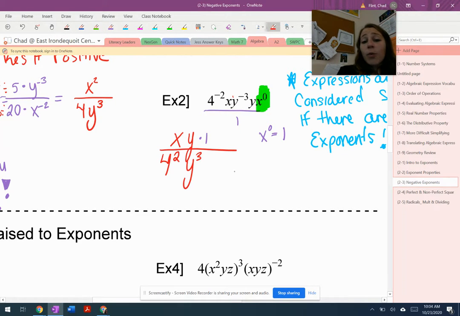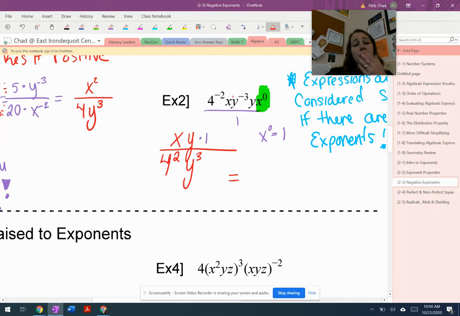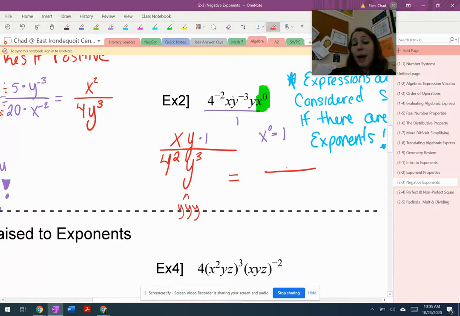Okay, but now we're not finished simplifying because I have some y's that I can cancel out. If I have one y on the top and y cubed on the bottom, that would be y times y times y. One set of those y's would cancel out, leaving me with two y's being multiplied on the bottom of that fraction, or y squared.